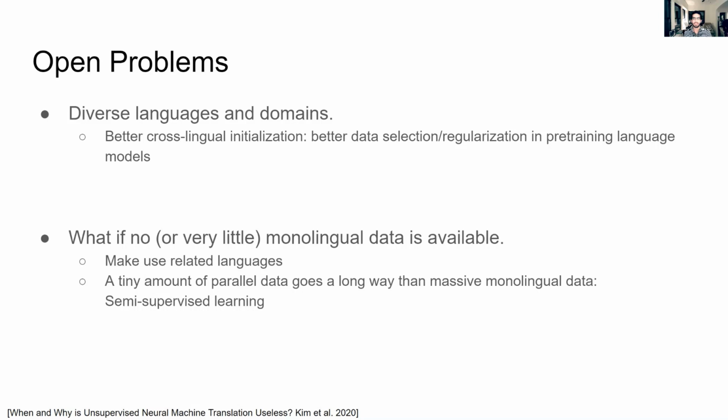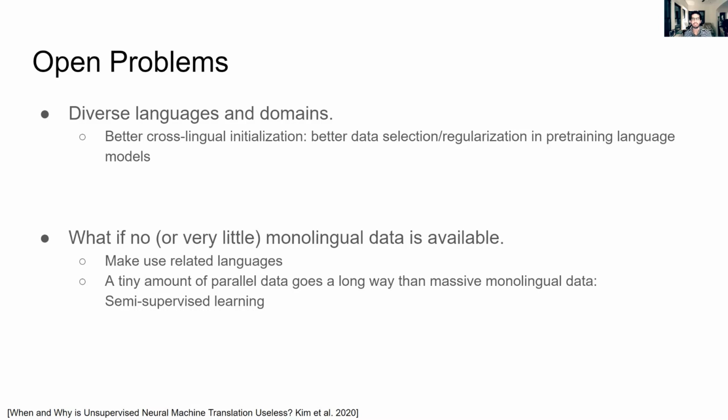Or, as we'll see at the end, parallel data for many languages is not as hard to come by, but additional monolingual data for those languages is even harder to come by. So a tiny amount of parallel data can sometimes be more useful, to do semi-supervised learning, like Graham discussed in his class on data augmentation.